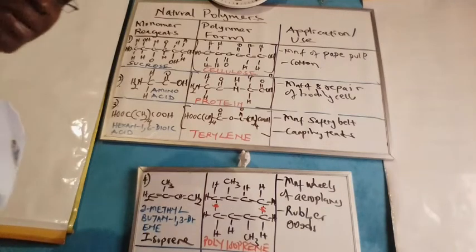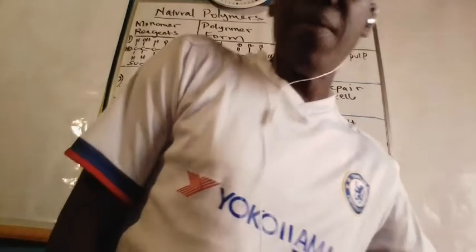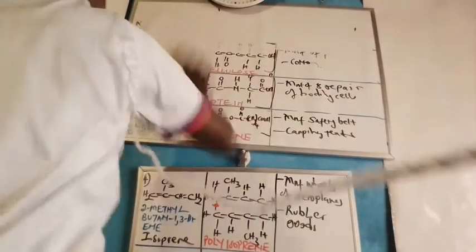So this said and done, we agree and say that natural polymers form through the natural process. And the main process for the formation of natural polymers is condensation polymerization. What advantages and what disadvantages do we have for natural polymers? If you allow me briefly, I'm going to look at that.